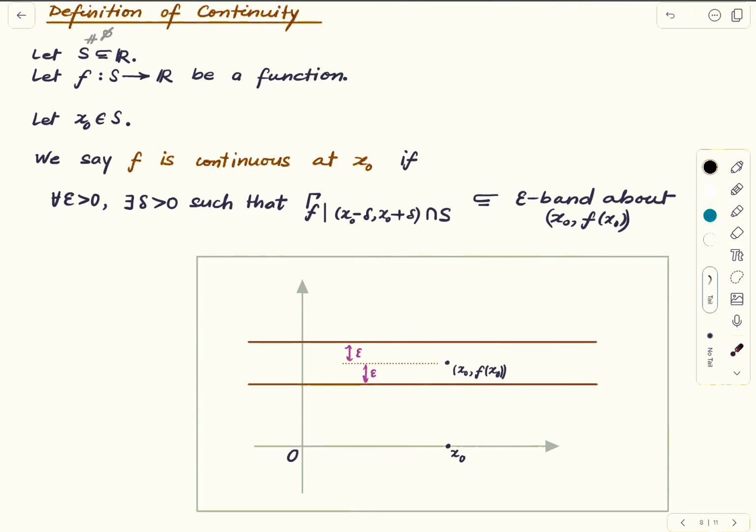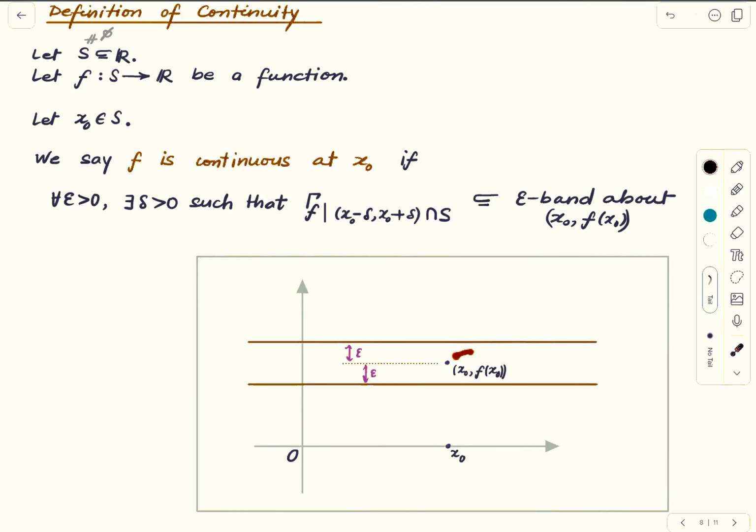So this is kind of saying that if you try to draw the graph of the function near the point x0, you will have to be confined in this epsilon band, and the more stringent the epsilon, meaning the smaller the epsilon, perhaps the delta that you will produce will be even smaller. But this is capturing the idea that you will not need to lift your pen to draw the graph of the function, because the function is not allowed to suddenly fly off.